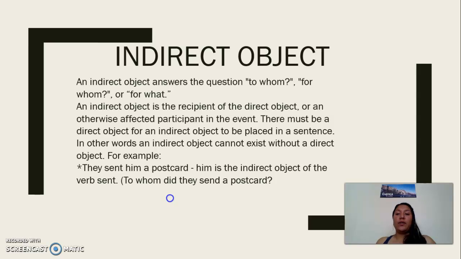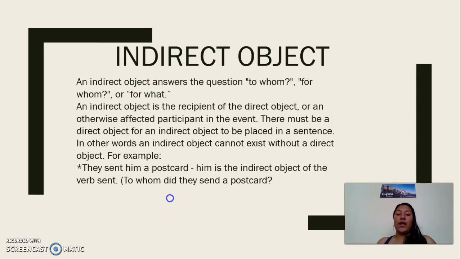Now we have the indirect object. An indirect object answers the questions to whom and for whom. An indirect object is the recipient of the direct object or otherwise affected by the participant in the event. There must be a direct object for an indirect object to be placed in the sentence.